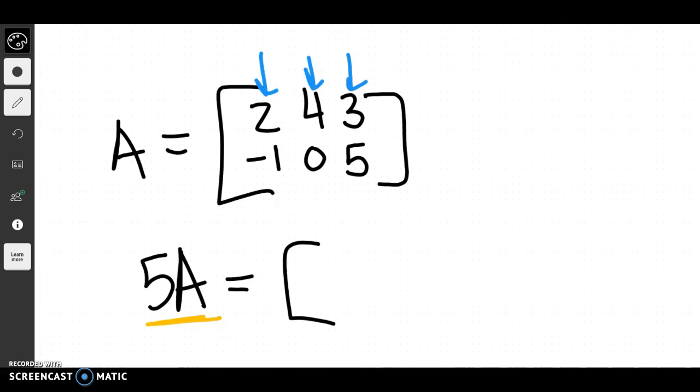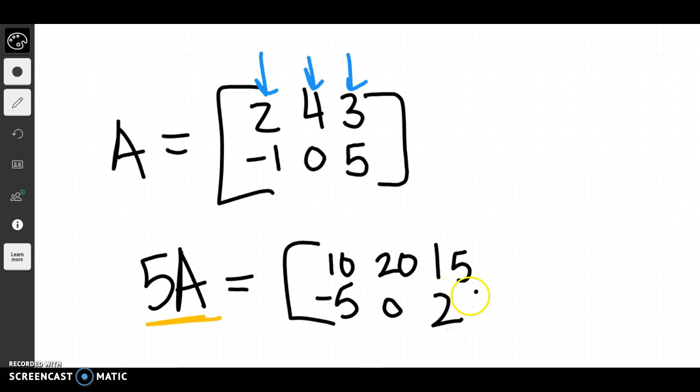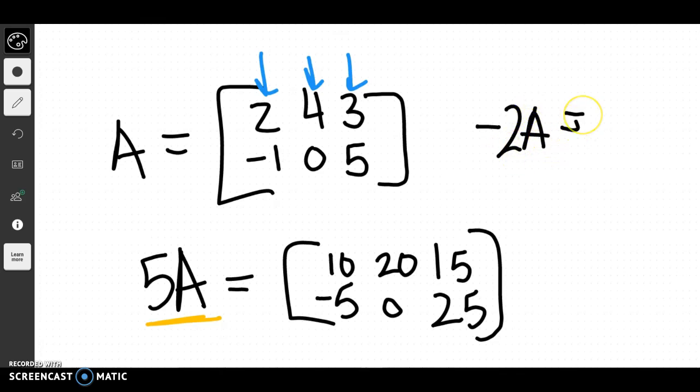So for this one, if I did 5A, we would have 10, 20, 15, -5, 0, and 25. If I wanted to do negative 2A, we would take every element and times it by -2. So you get -4, -8, -6, 2, 0, and -10.